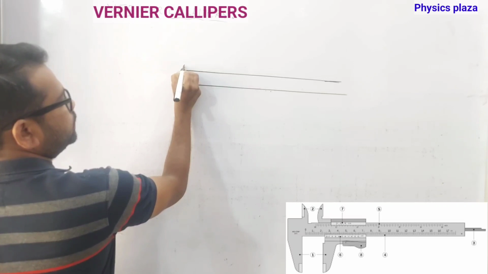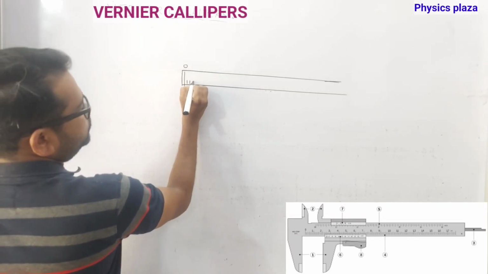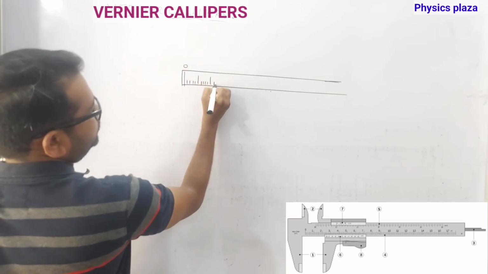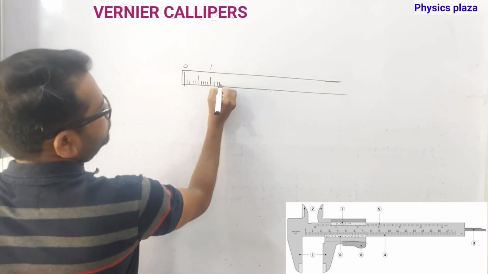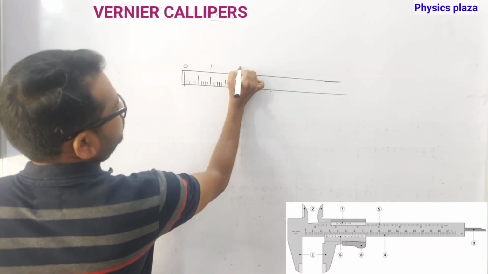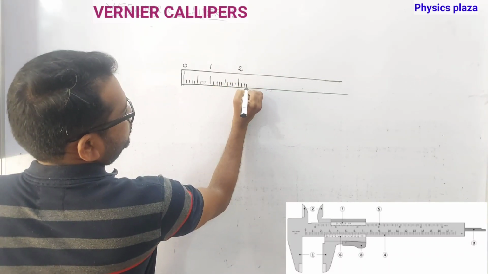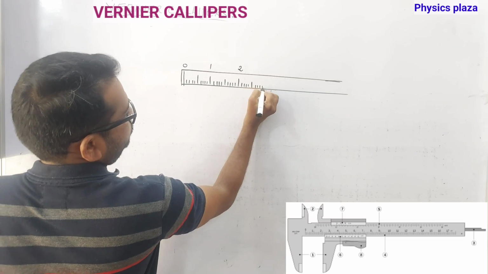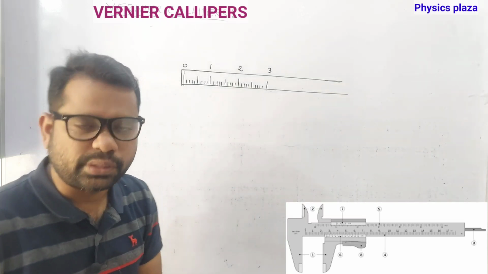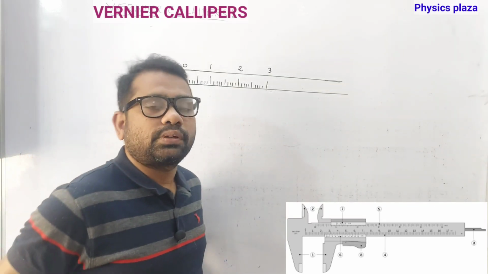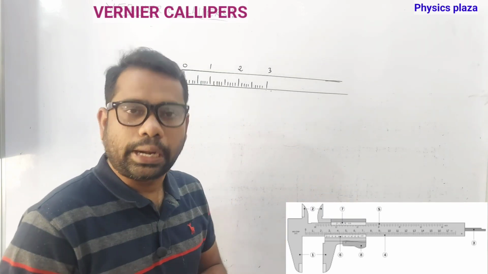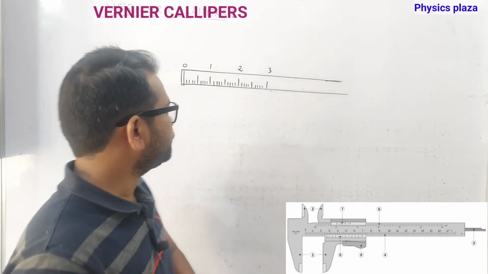Let us say it is 0, 1, 2, 3, 4, 5, and so on, with this being 1 and that being 2. Of course like this it will go up to 10 centimeters or 15 centimeters, depending on how we make the vernier calipers. It is not fixed that it should have till this number. It depends.